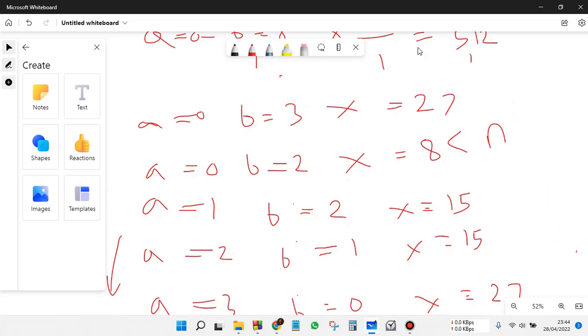Now in the given, among all the x values, we can find the minimum x value possible as the answer.